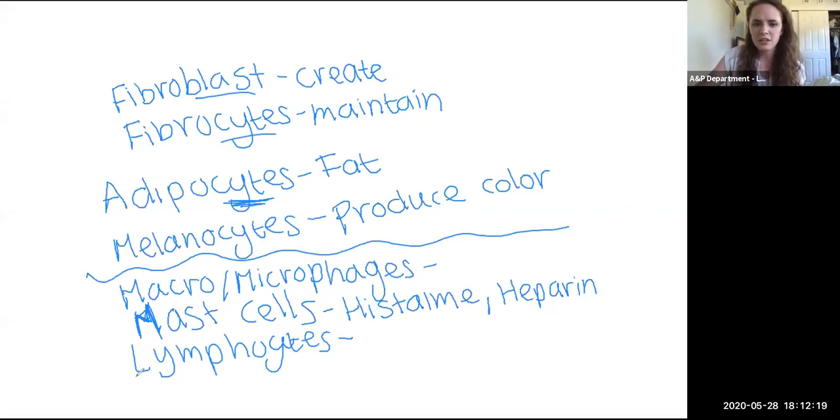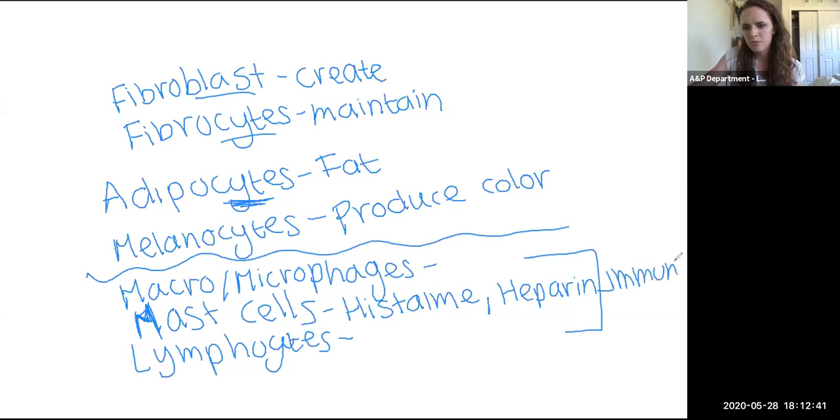Okay, so they're a next player in immune function. You don't need to know these super in depth, so if you don't understand them right now, that's okay. We're going to go into them. You have whole chapters on these. Just essentially know that macrophages and microphages, mast cells and lymphocytes are all part of your immune function. So this is immune function.